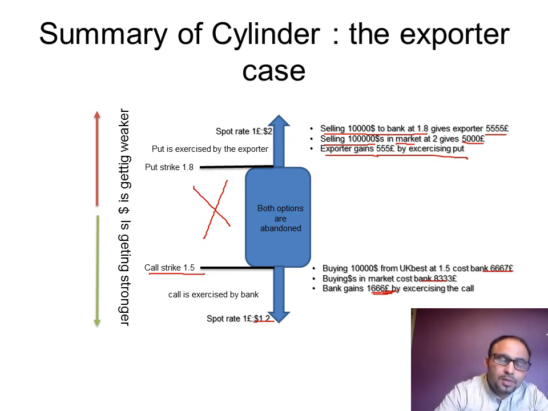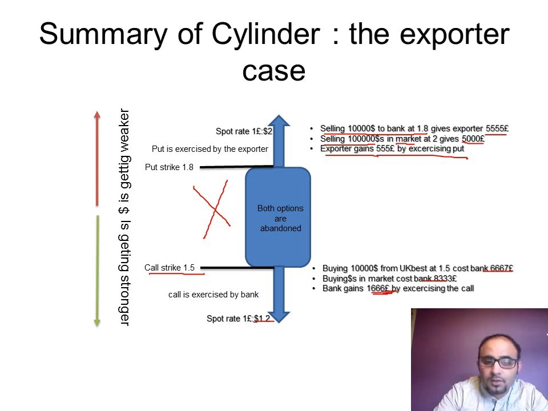Now let's see the bottom line story. If the rate is below the call strike, example 1.2, in this case, buying 10,000 from UK Best at 1.5 will cost the bank 6,667, while buying the same dollars from the market will cost the bank 8,333.